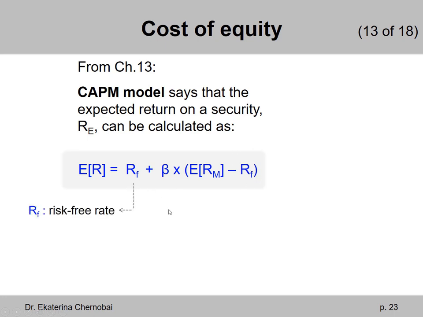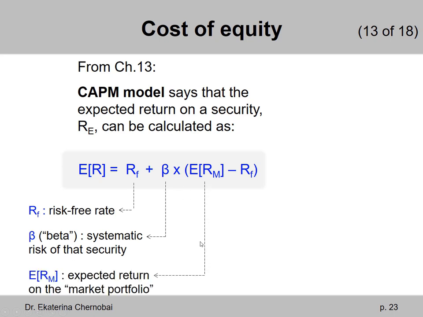So you need to know three things: the risk-free rate, the beta, or the measure of systematic risk for that stock, and the expected return on the market portfolio. So completely different three things from the three things that the other approach requires us to know.